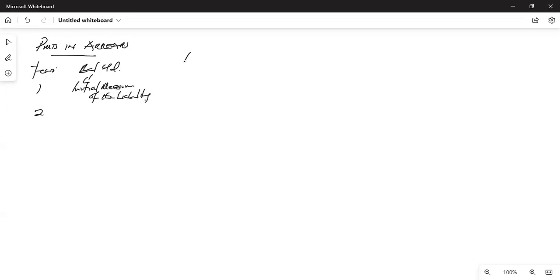Then you have the interest that you pay, and this interest is at the implicit rate. So that is the figures that you are going to get there.